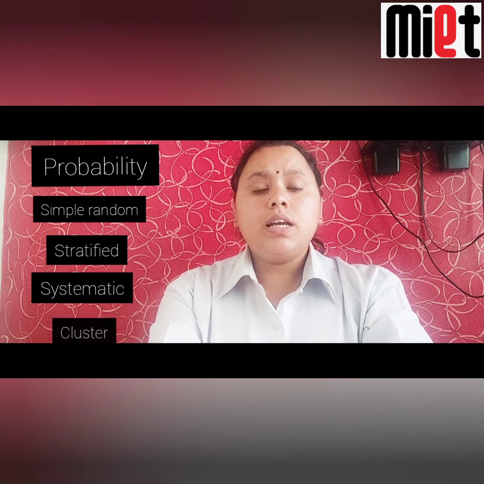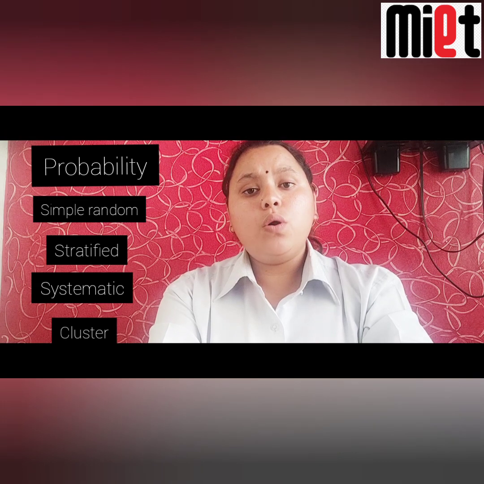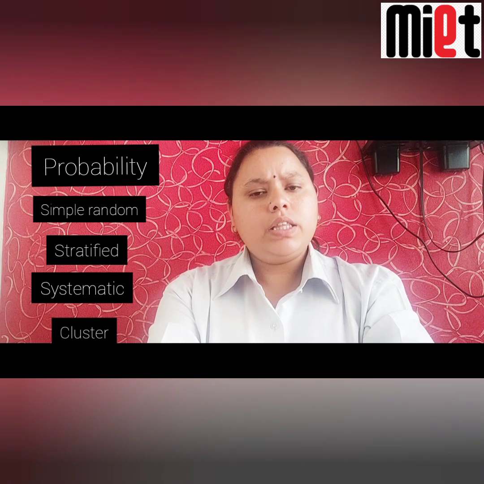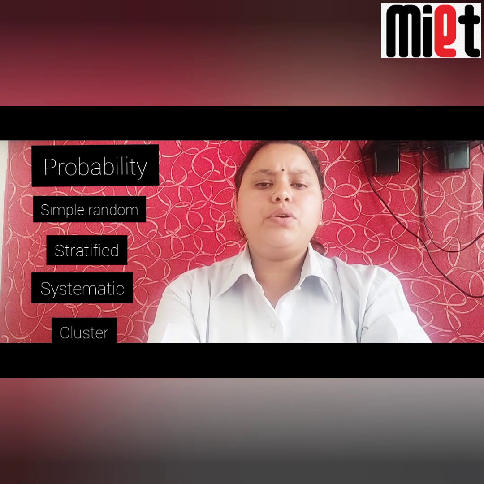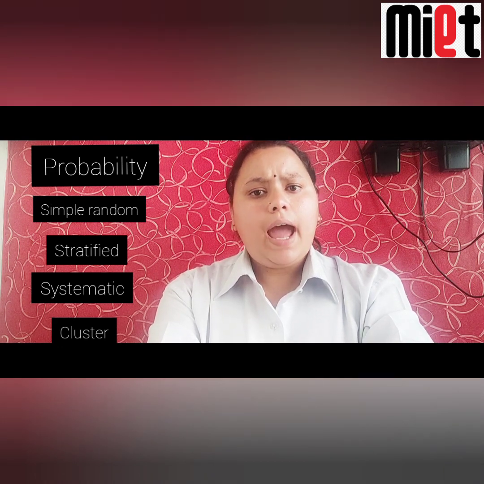Then the last one is cluster sampling. In cluster sampling, the entire population is divided into groups or clusters. The clusters are known as primary sampling units, and the units within the cluster are called secondary sampling units.